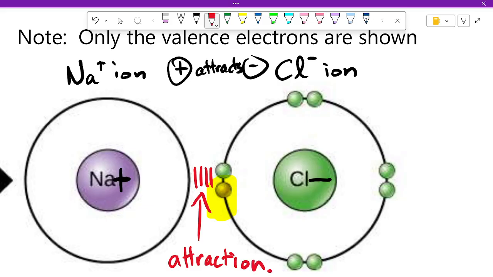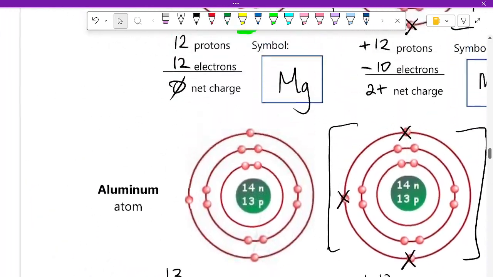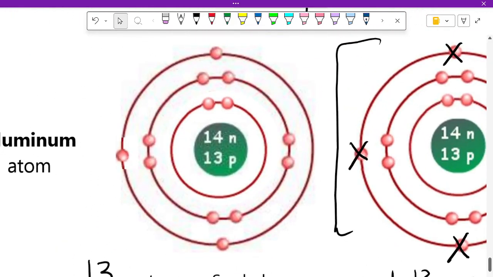Now, what I've given you here is a bunch of practice drawing Bohr models. You're going to start by drawing the Bohr model of the atom, just like we did here. Then we're going to draw the Bohr model of the ion, either by adding in electrons or by taking away electrons.